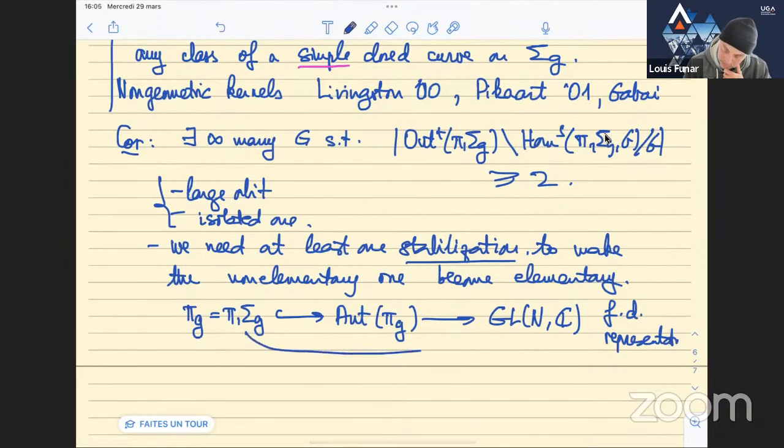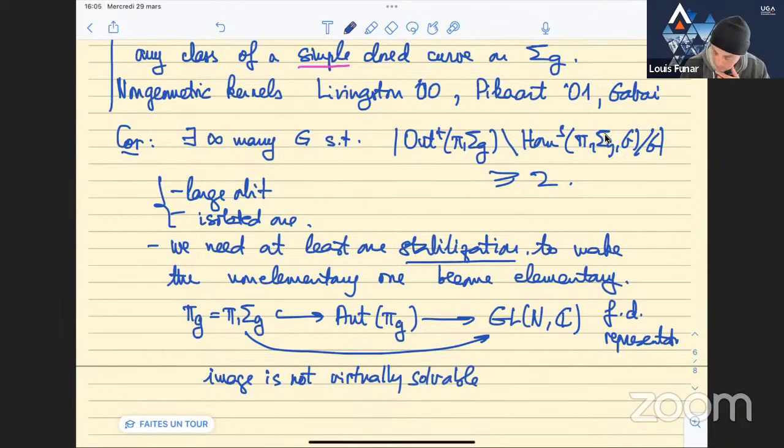Well, to start, the image is not virtually solvable, and the reason is that it contains a free group on 2 generators.